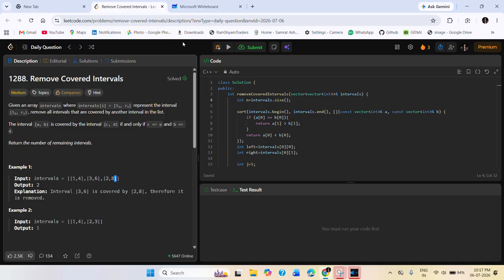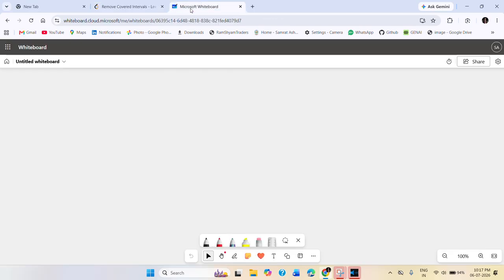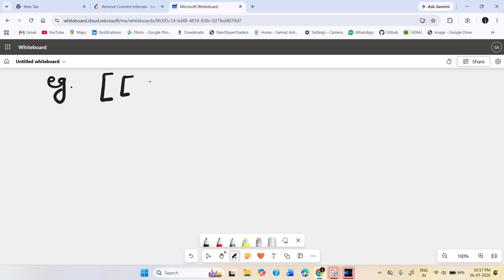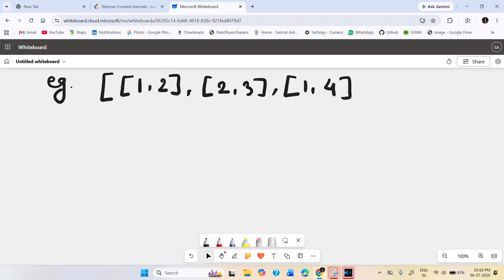Okay, so let's start the solution. We will solve this question with this example. We are given a vector which consists of three intervals: the first one is 1 to 2, the second one is 2 to 3, and the third one is 1 to 4.